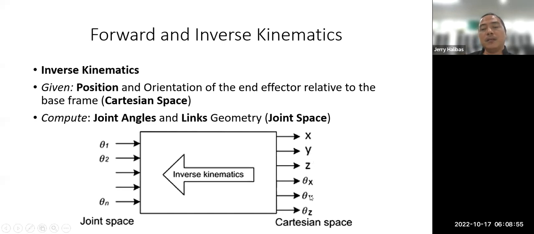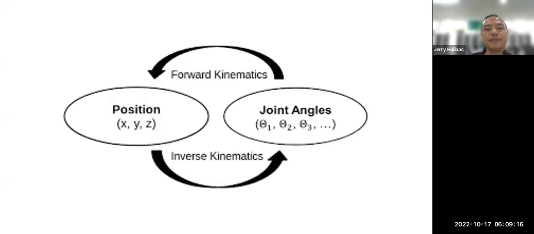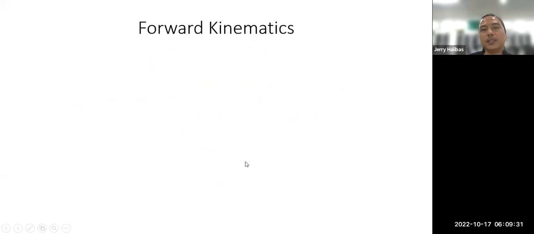As well as the rotation along the axes XYZ respectively. So in inverse kinematics, you compute theta 1, theta 2, and so on. Okay? So the links are not computed. By default, the dimensions or geometry of the robot is given. Now if you go from joint angles to position, that is forward kinematics. If it is XYZ Cartesian into joint angles, then that is inverse kinematics.